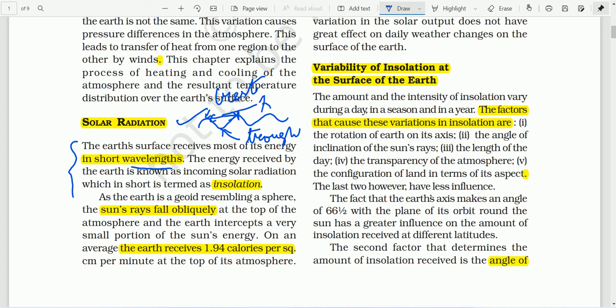It is denoted by lambda, and we receive energy from the sun mainly in short wavelengths. The energy received by the earth is known as incoming solar radiation, in short, insolation.